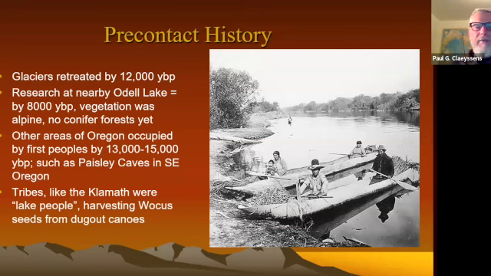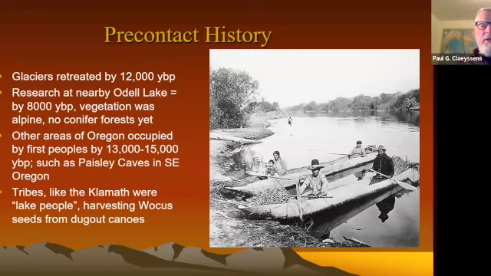And by doing that, working with specialists outside of the area, we were able to determine that by 8,000 years ago, there really weren't conifer forests as we know them today. It was still more like subalpine type vegetation. There was common juniper, which is more of a shrub component in the alpine, and grasses. And so the conifer forests really hadn't established themselves yet. So we're still in that early post-glacial time.